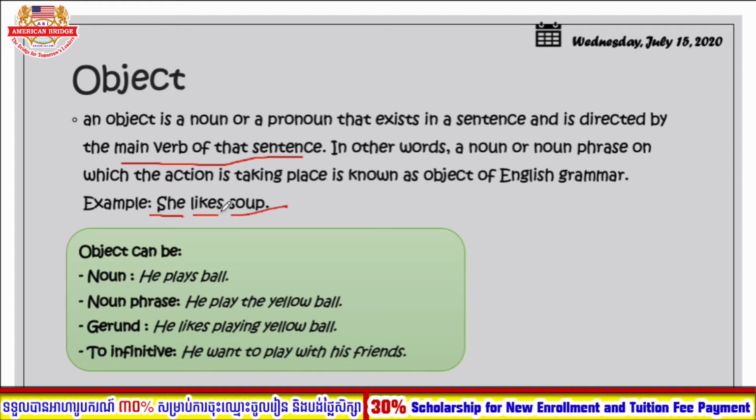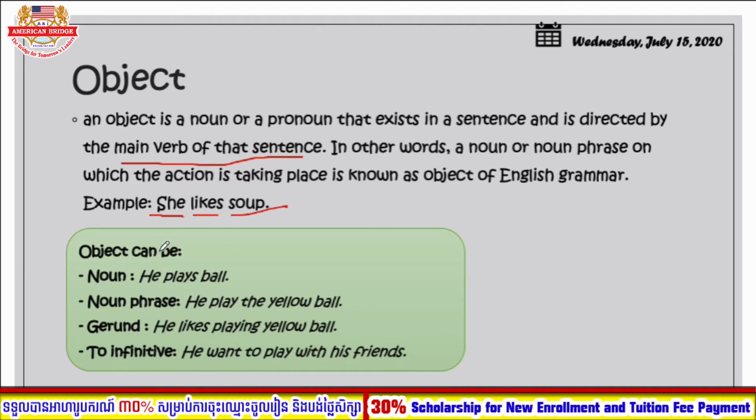In simple terms, an object refers to the thing that is affected by the subject, or affected by the action verb. Let's say he reads a book. He reads a book. So the book is affected by the main verb, which is read, and the action performed by the subject.